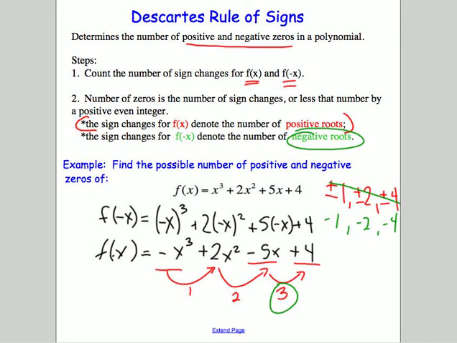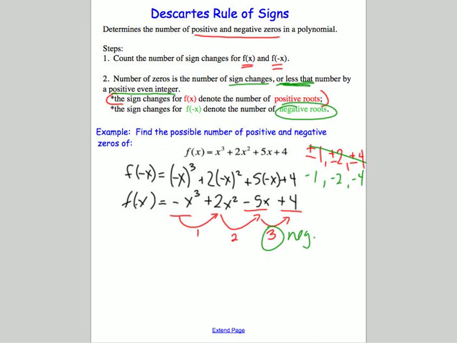Looking at the rest of that sentence for number 2, the number of zeros is the number of sign changes or less than that number by a positive even integer. So there are either 3 negative roots, or it could be 3 minus 2, because I'm lessening that number by a positive even integer, 2.